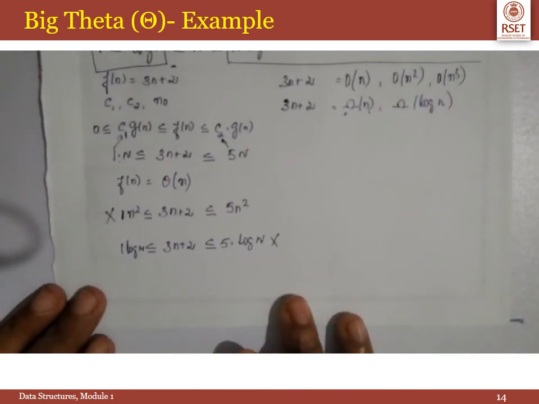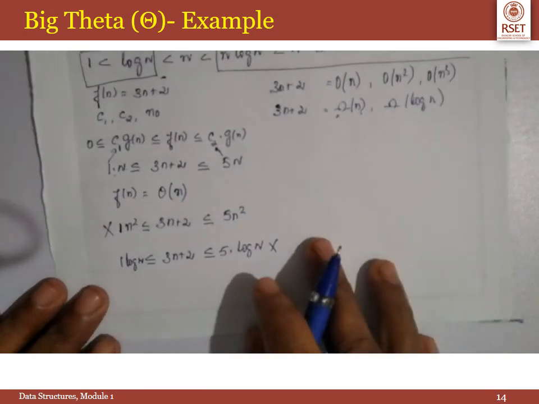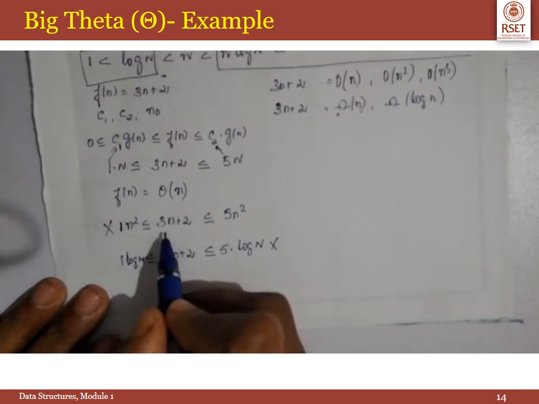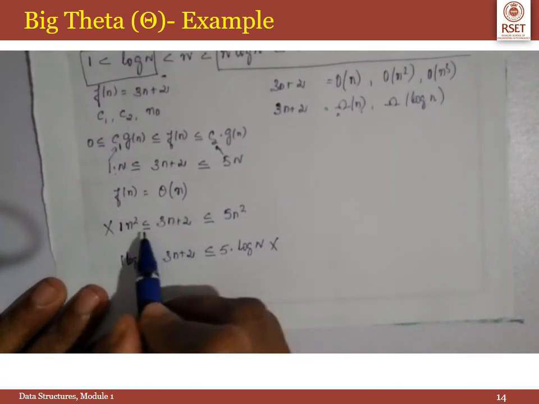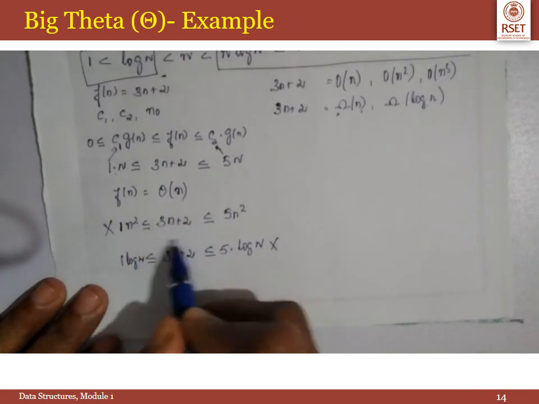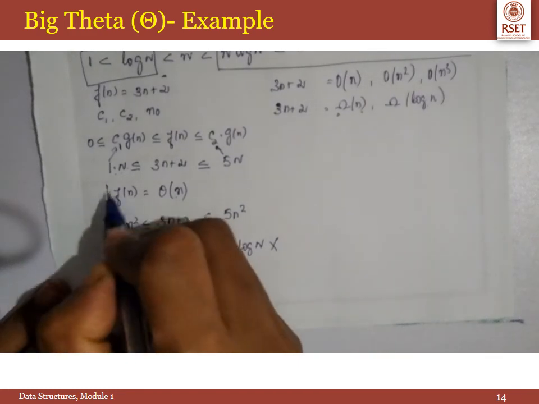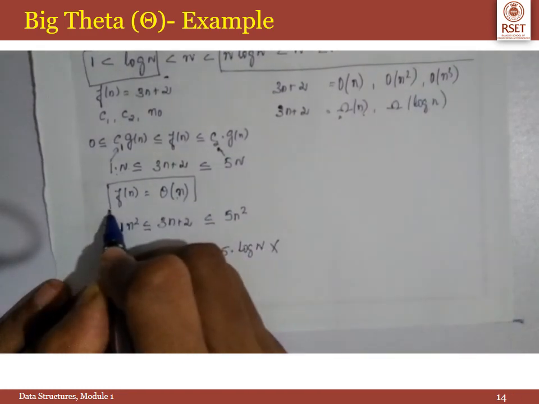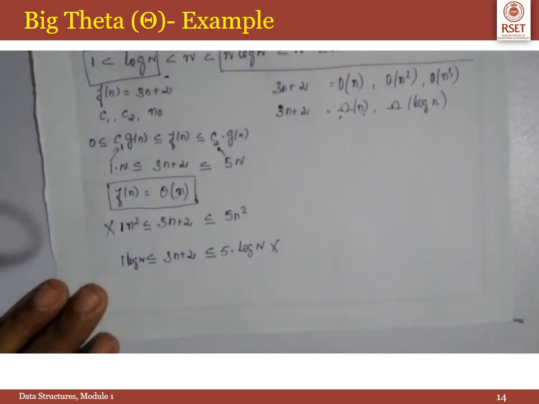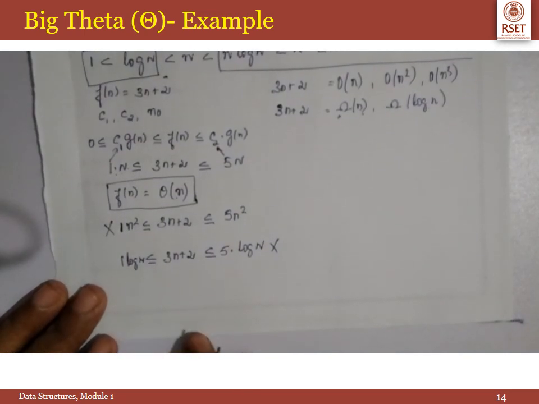So which means that you should fix the value of the upper bound, tight bound or theta value as n itself, or you should write it as f of n equal to theta of n, which represents the tight bound.